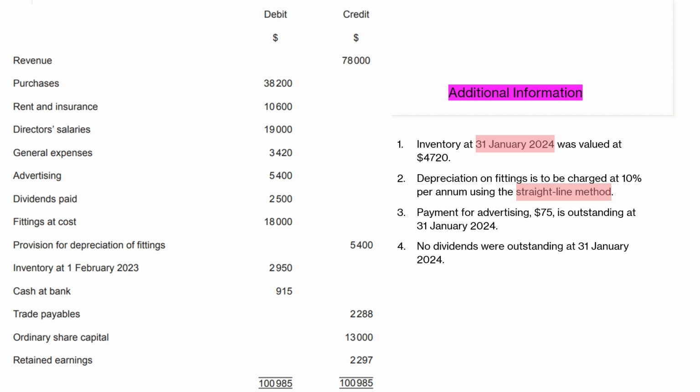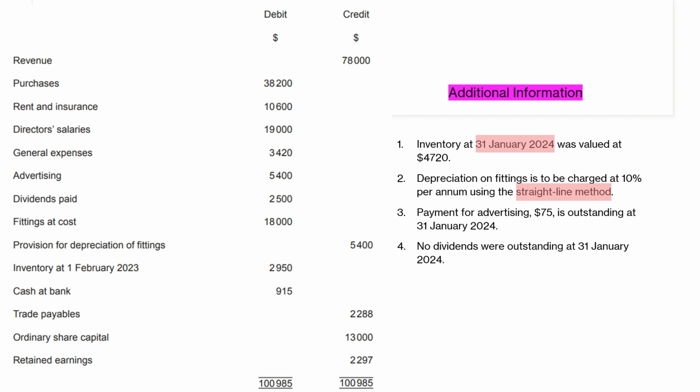So depreciation is when the asset loses its value, and when you record depreciation using the straight line method, you will have the same depreciation charge each and every year, because it's basically a percentage calculated on the cost.